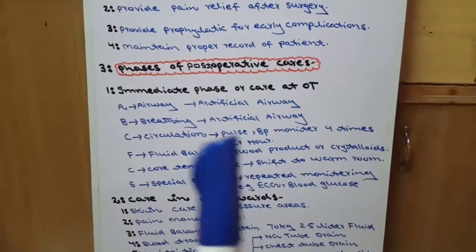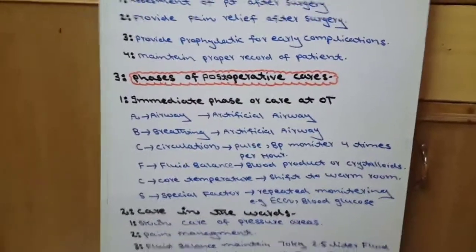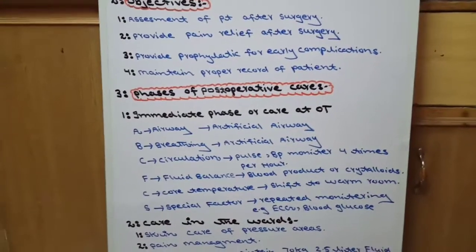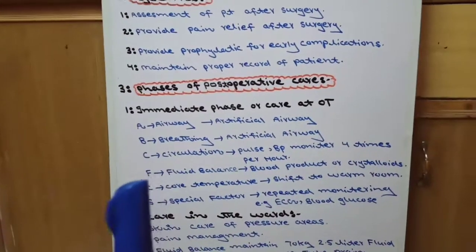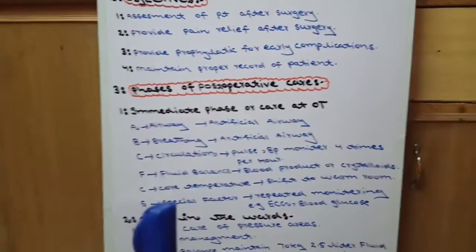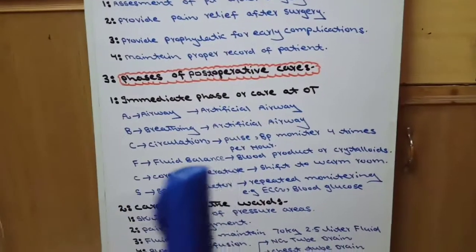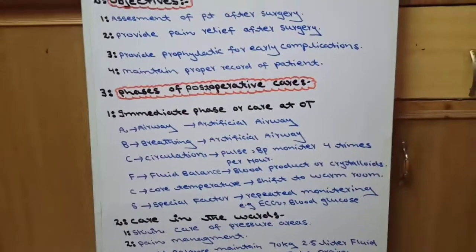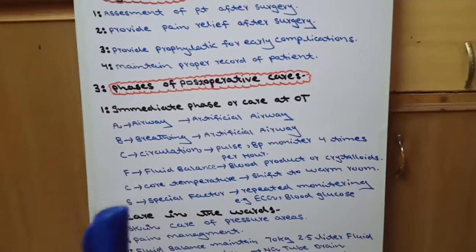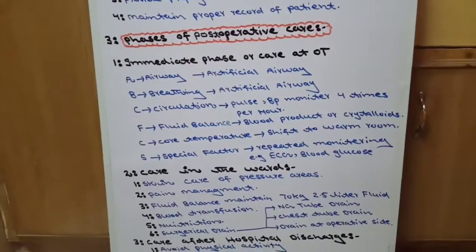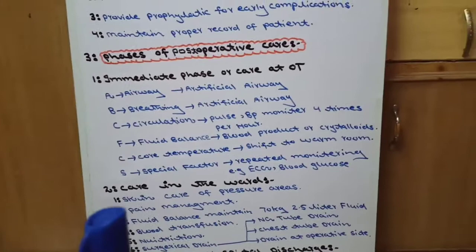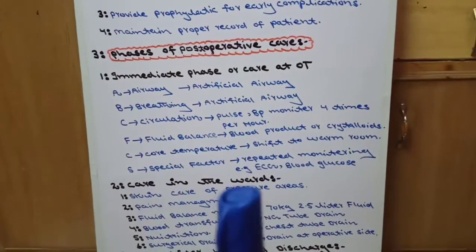This is the immediate phase or care at operation theatre, which includes airway, breathing, circulation, fluid balance, core temperature and special factor, remembered by the mnemonic A, B, C, F, C, S. Now come to the second phase of post-operative care, care in the ward.